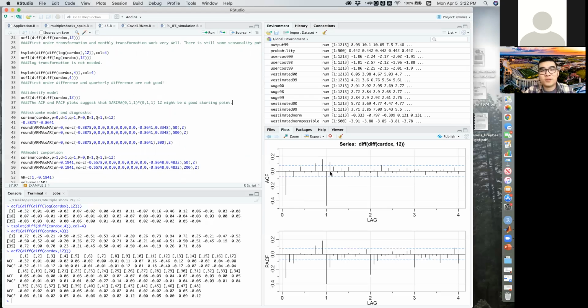For example, someone might suggest, I see a large lag here in the ACF plot, so does that mean we might also want to fit an AR(1) model here? How about a SARIMA (1,1,1) times (0,1,1)12 model? And someone might think, how about I increase the order of the model a little bit? Instead of fitting a (0,1,1)12 seasonal part, how about I fit a (0,1,2)12 model?